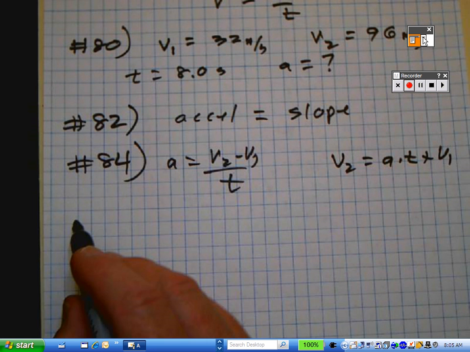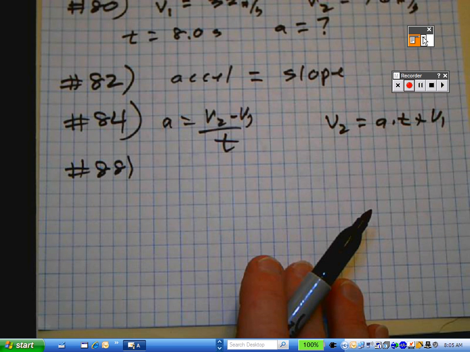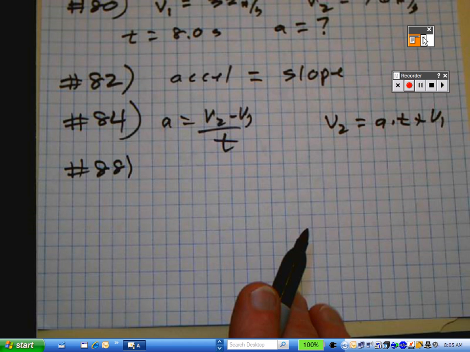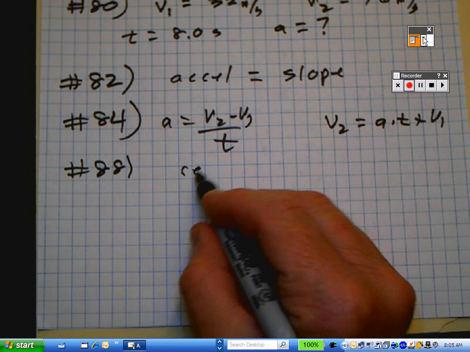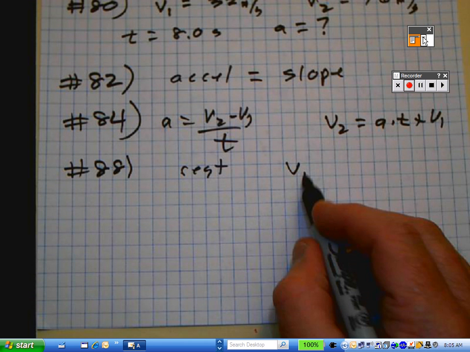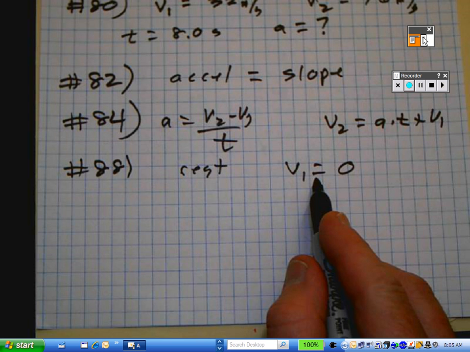Skip ahead now to number 88, and let me give you a couple of hints about this one. This time the dragster is starting from rest. When they say starting from rest, it is assumed that you will record this as V1 equals 0. That's a huge piece of information because you can't solve the problem unless you have this as a known.